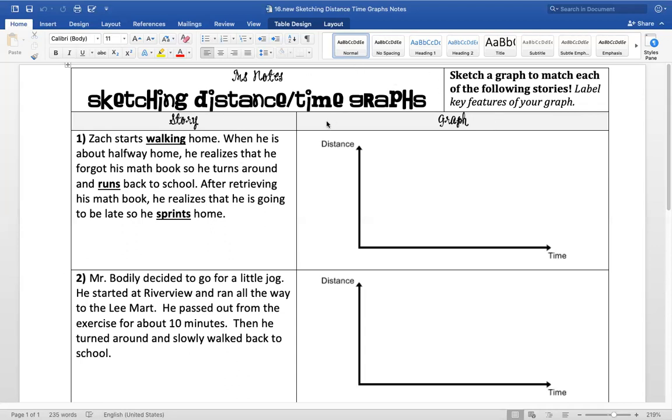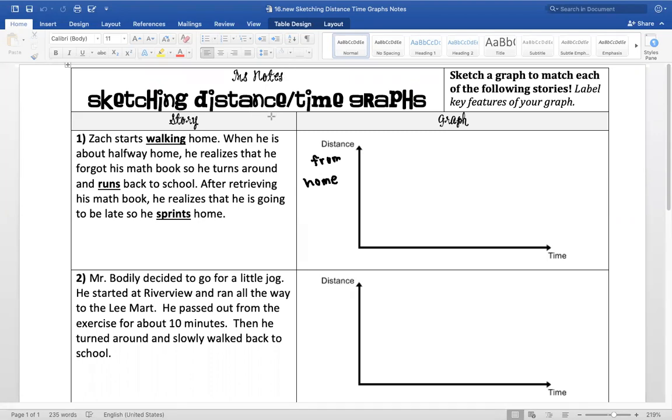So let's see what is going on here. What can we say on our graph was the first thing that happened with Zach? Well, he starts by walking home. Now, something that I want you to add to your paper, if it's not there already, is that this is distance from home.